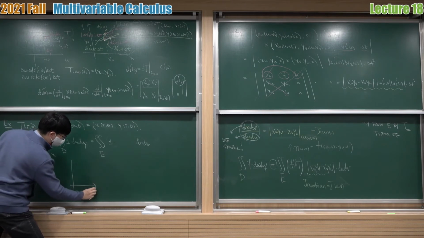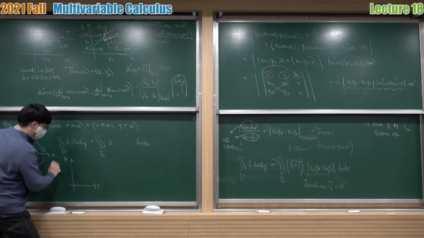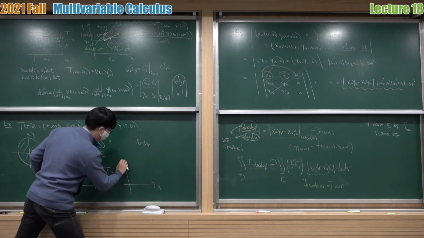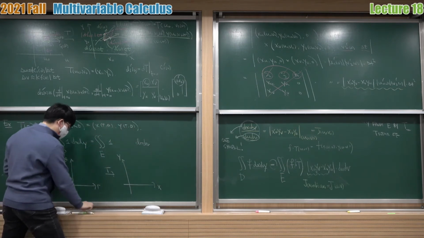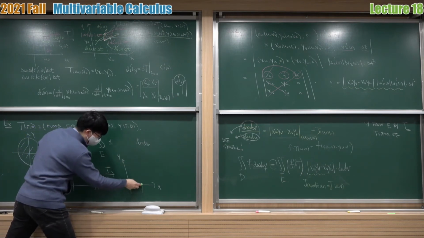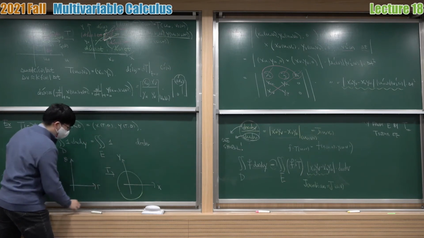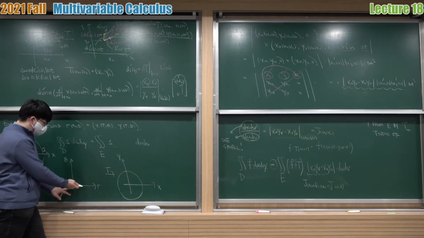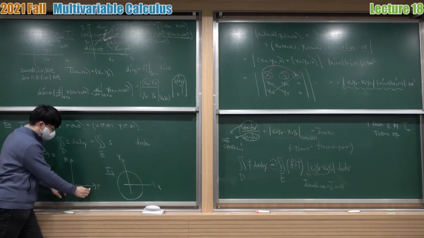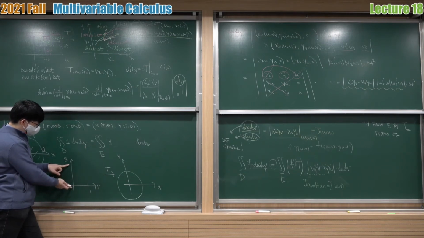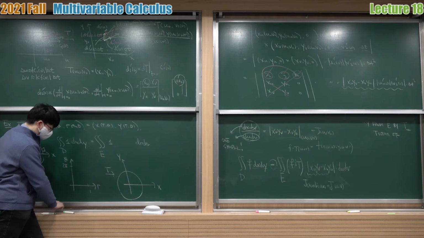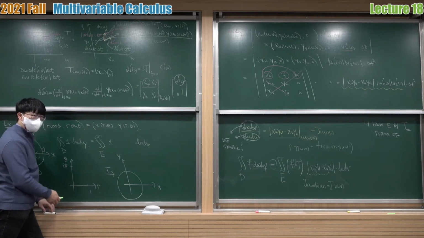So T maps the r theta plane to the xy plane. If you want to map onto the unit disk on the xy plane, how far should r go from 0? To 1. How far should theta go from 0? To 2 pi. And if you want to make it a one-to-one function, what kind of boundary do you have to include or exclude?